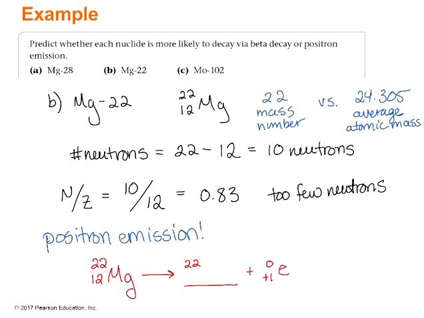But what is our new atomic number? 11, so 11 plus 1 equals 12. And which element has an atomic number of 11? Sodium. All right, so we're turning a proton into a neutron. Great.